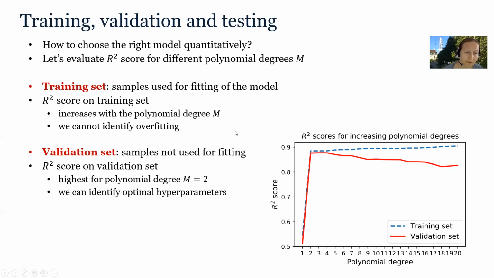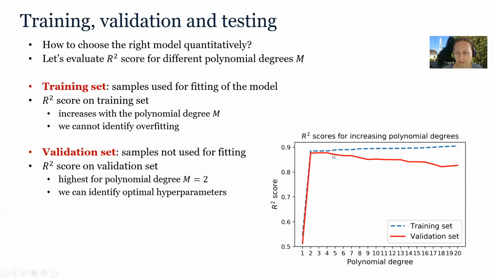So to identify overfitting, we need another set, which is called the validation set. And it's very important that samples of this set are not used for training or for the fitting of the model. So we can calculate the R2 score on the validation set. And from this trend here, we can see that we get the highest score for a polynomial degree 2.